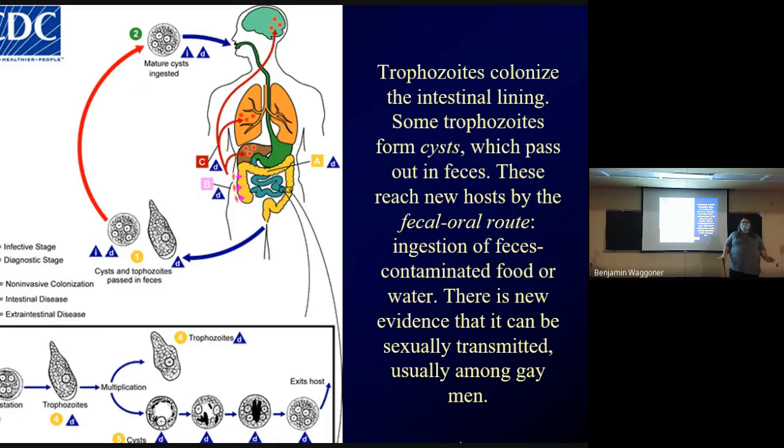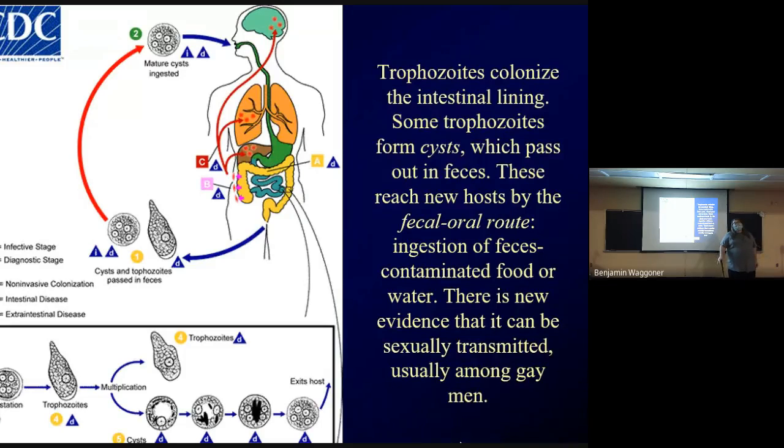Usually that's not direct, at least not in humans. Cockroaches do it all the time. That's how our South American roaches in the lab get their symbionts, because they eat each other's poop. In humans, it's much more likely to be ingestion of food or water that's contaminated with feces.